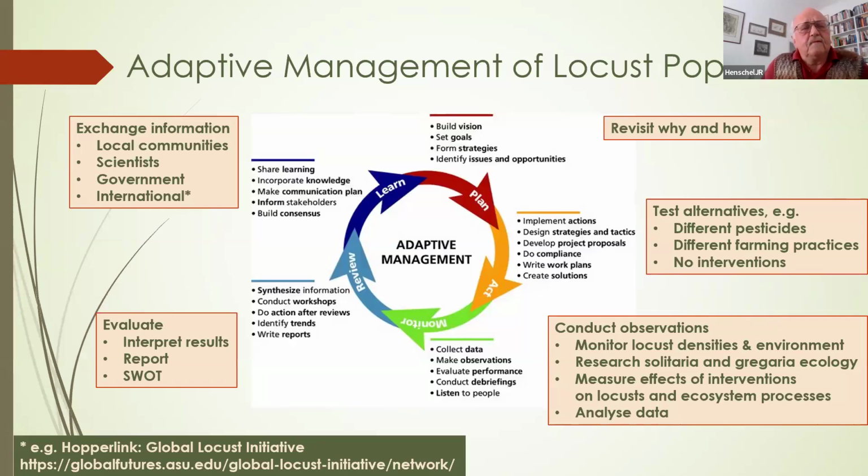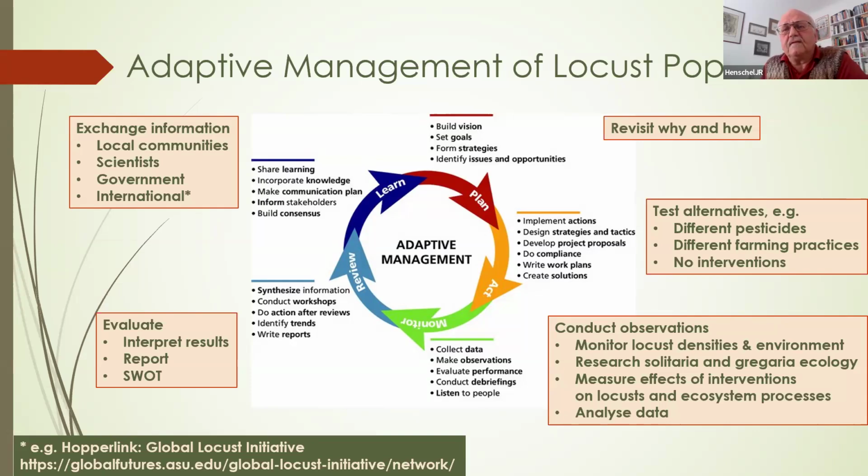For the learning, I would like to really highlight the potential: what have we learned in the last cycle, to actually join the Global Locust Initiative, where scientists from around the world are discussing the best practices and also lessons learned. And with that, we would be able to revisit the why and how of the next plan and go around the cycle again. Adaptive management never ends.